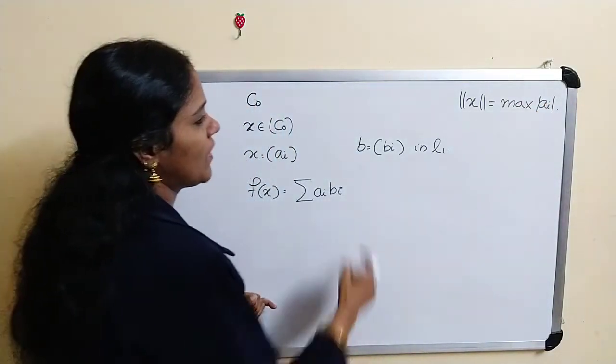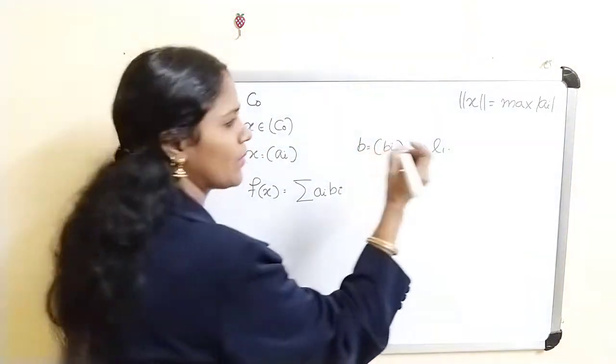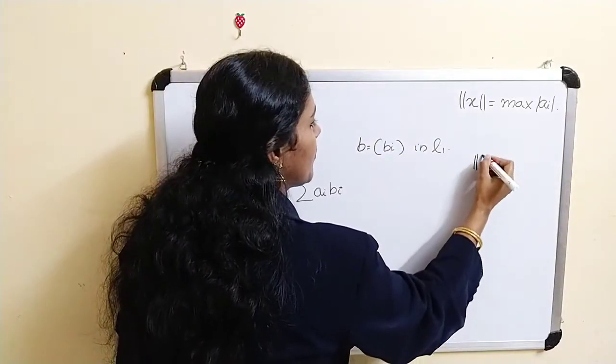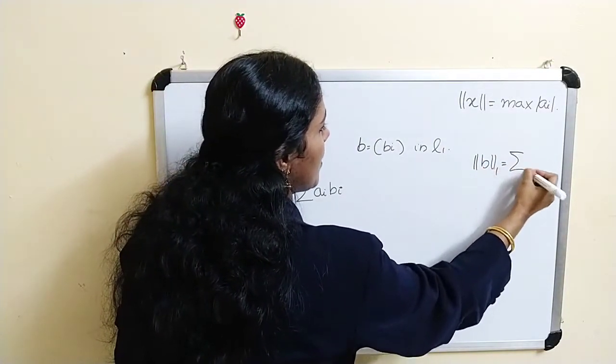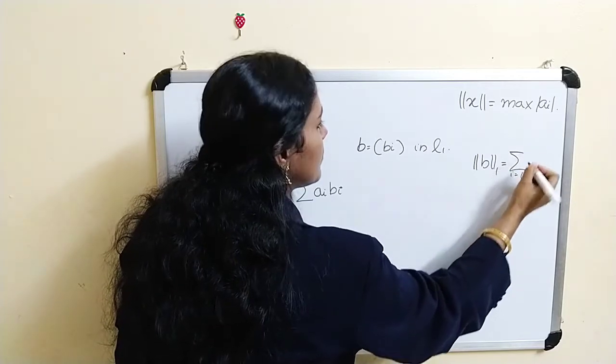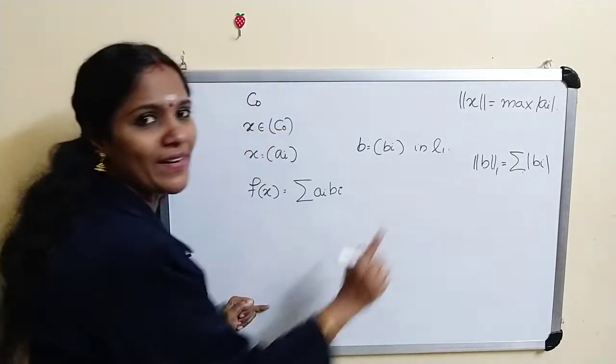Okay, and what about b? b is in L1, L1 with the 1 norm. So what about norm of b in 1? This is equal to sigma from i equal to 1 to infinity of mod b_i. This is the 1 norm.